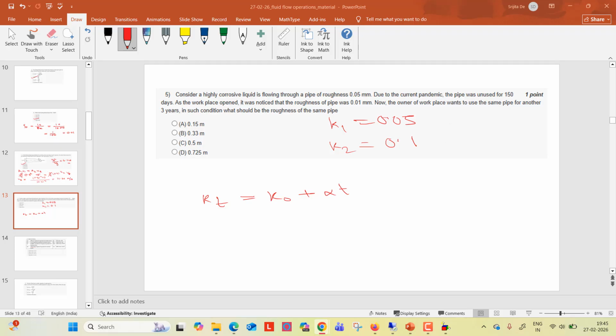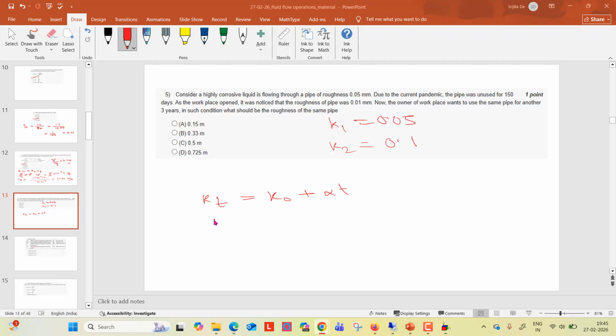It will be 0.1 millimeter because the roughness has increased, right? It will not decrease. So now at what rate it will change, we have to notice.